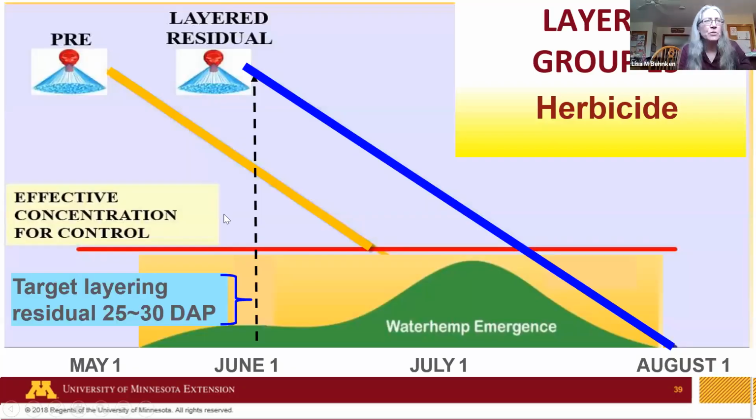Okay, that's a real good question about the layering. It really does depend on which products you're choosing. So first of all, whichever group 15, pay attention to what the number one is, how much can you apply at each application, because it varies with the product. And then what's your season long amount that you can apply? So you would have to follow the label with those instructions.